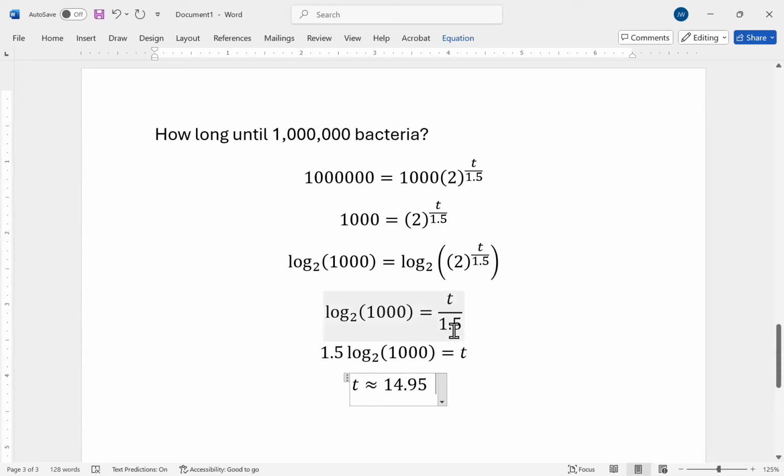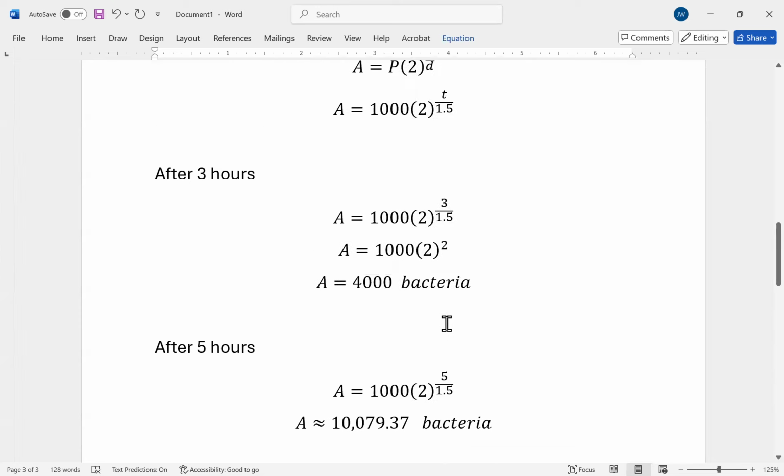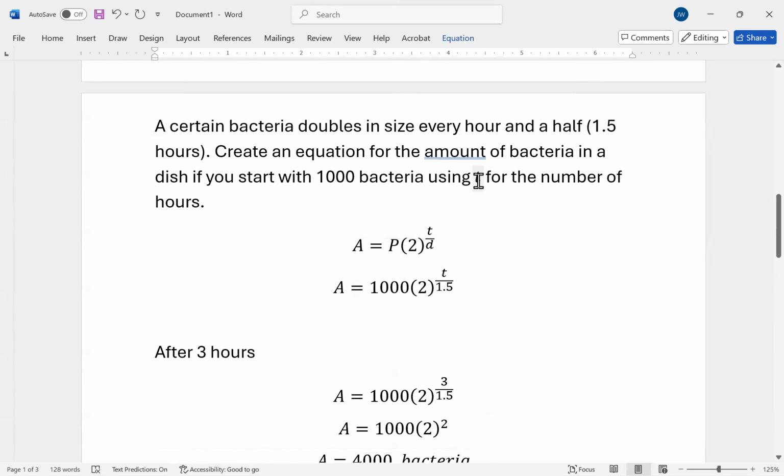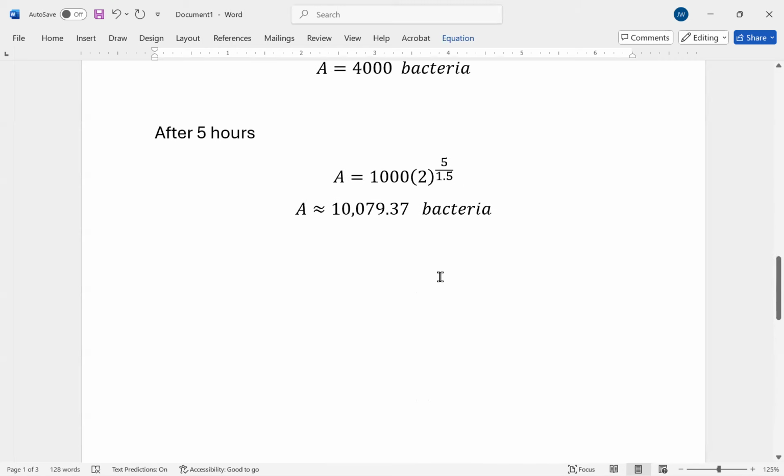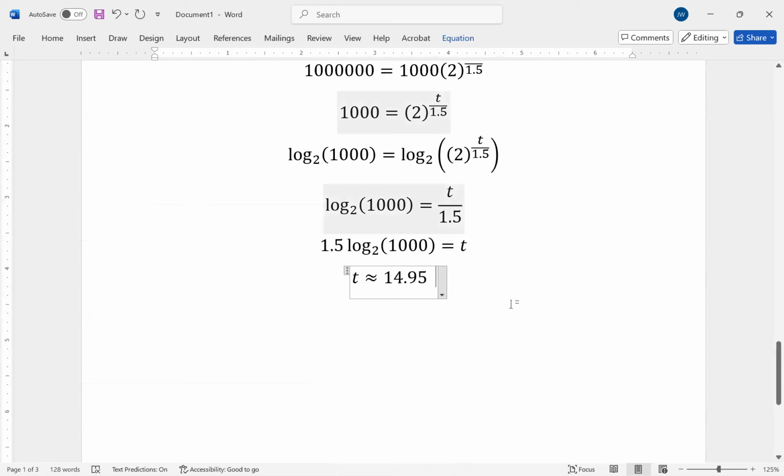Now be careful about this, because in my original problem, t and 1.5 were both in hours. So when we say 14.95, that is in hours.